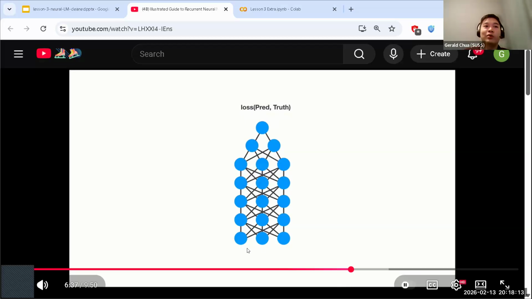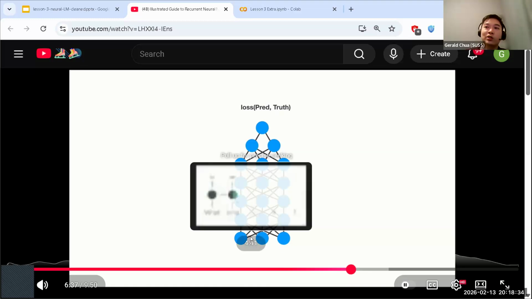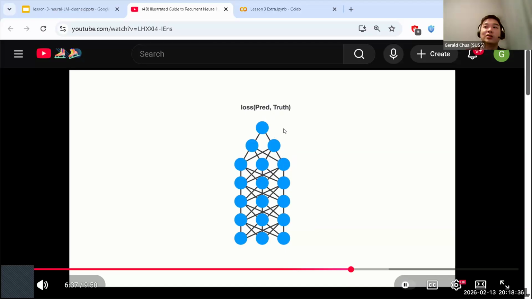For example, if I'm training a model, I will give it "I want to", and I already know that the next word is sleep. I train the model to see whether it can predict what I want, which is that given "I want to", hopefully at the end it will say sleep. But if it doesn't say sleep, say you put it in, it feeds forward all the way up, and then it says eat.